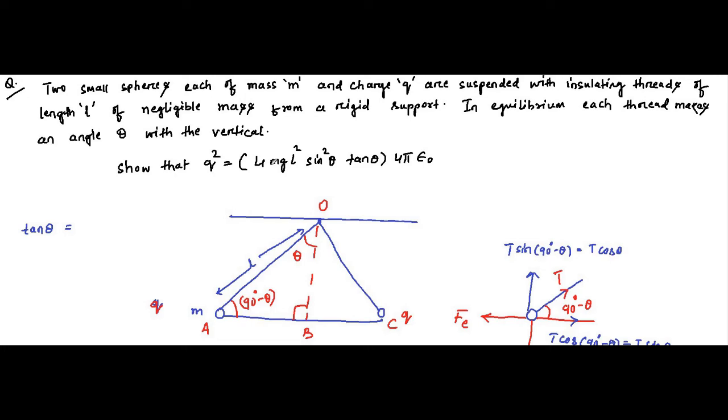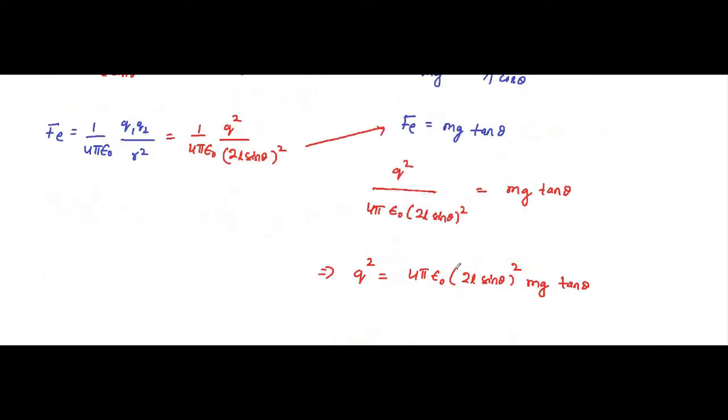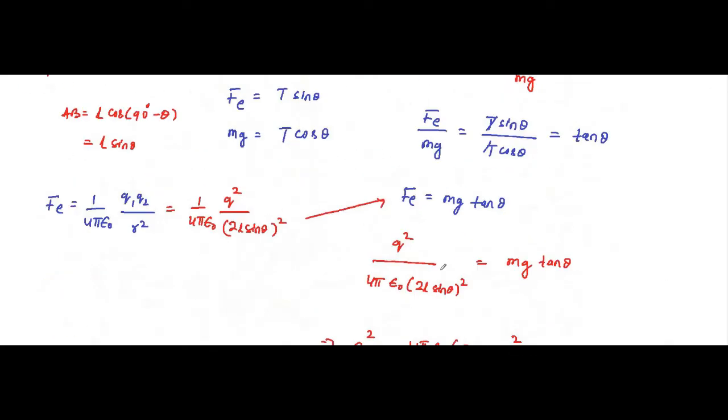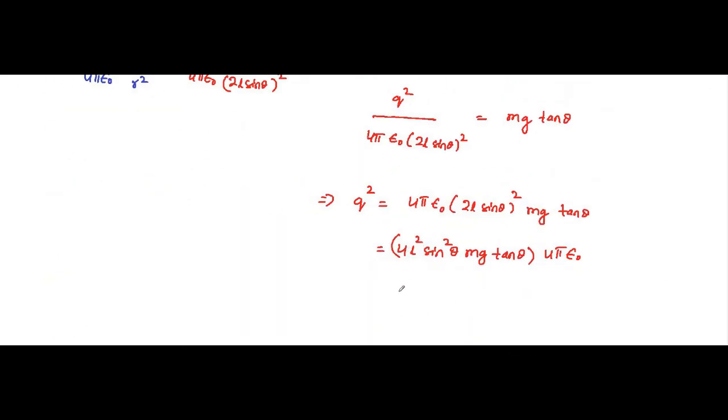Okay, if we open this (2L sin theta) whole square, it will become 4L square sin square theta, mg tan theta over 4 pi epsilon 0. See, yes, it is coming true. 4 mgL square.